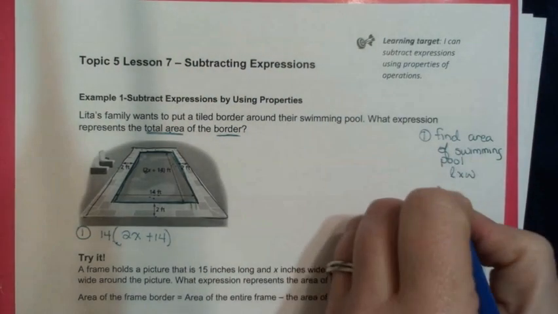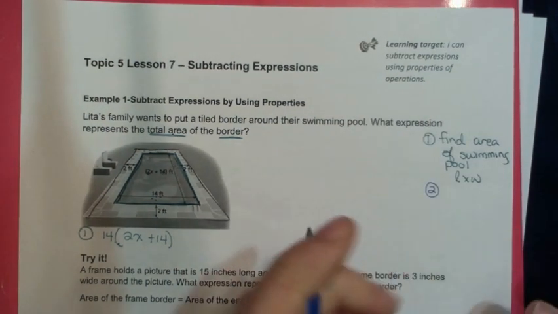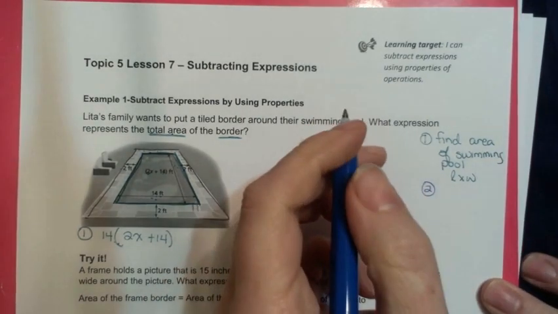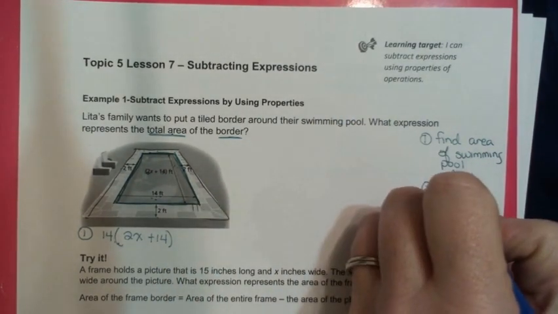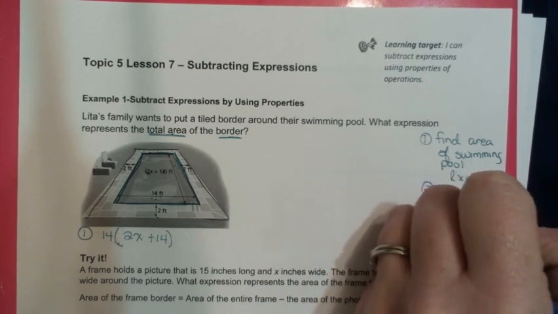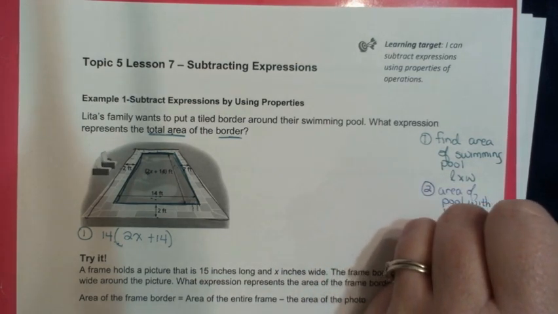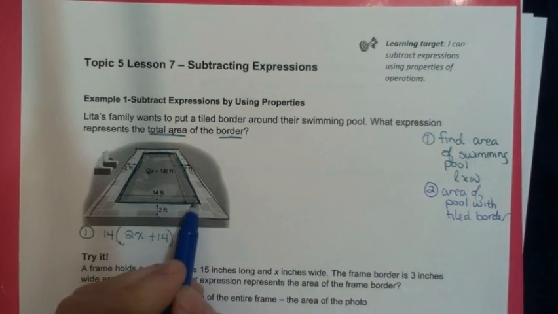The next thing we're going to want to do is find the area of the pool with the tiled border. So if you look, the width of the pool was 14.